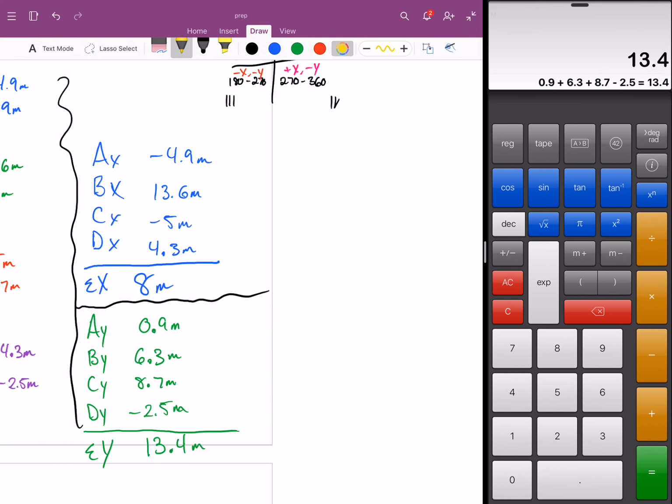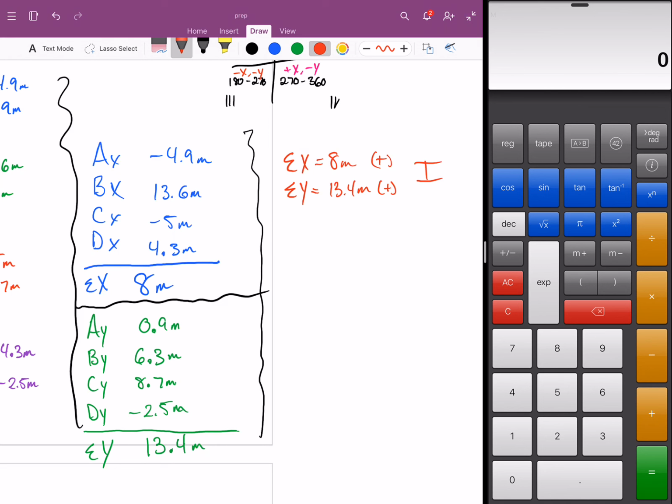So let's group them. The sum of x is 8 meters. Sum of y, 13.4 meters. I have a positive x and a positive y. Most likely, I will be in quadrant 1. First thing, let's solve for the angle.